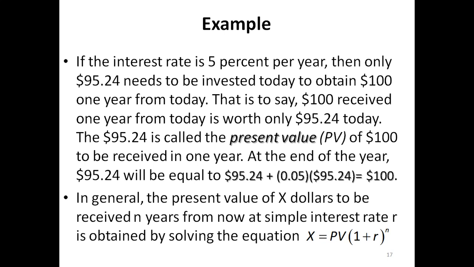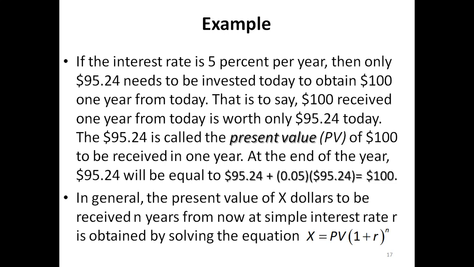Let us look at an example to understand more clearly. If the interest rate is 5% per year, then only $95.24 needs to be invested today to obtain 100 1 year from today, because this 100 is the future value.